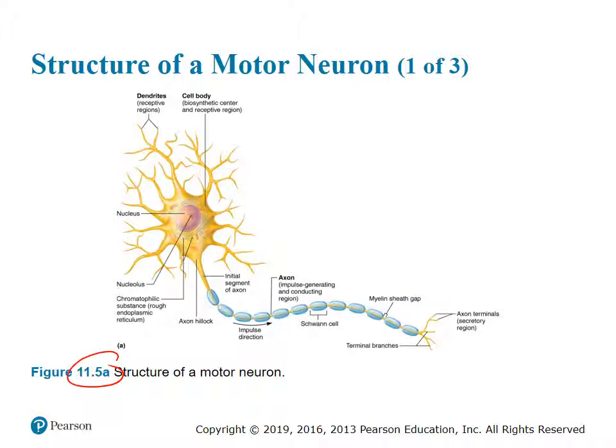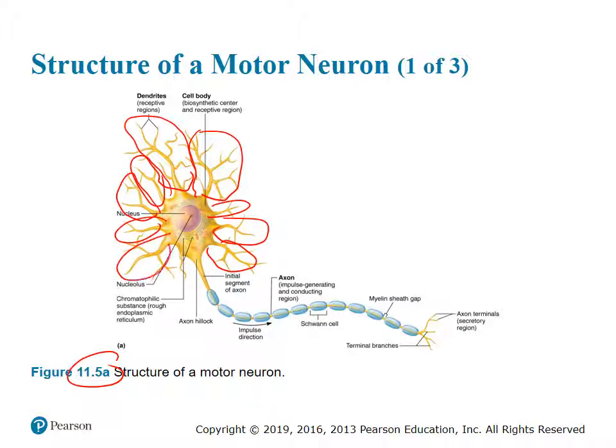But here's your typical neuron. All of these that are extending out of the cell body are all dendrites. So we use the word dendrite to describe the extensions of the processes outside the cell body in a neuron, all of those.